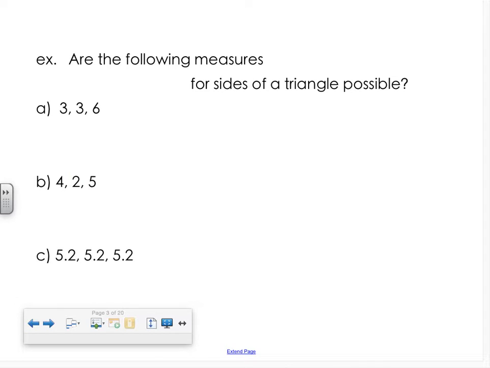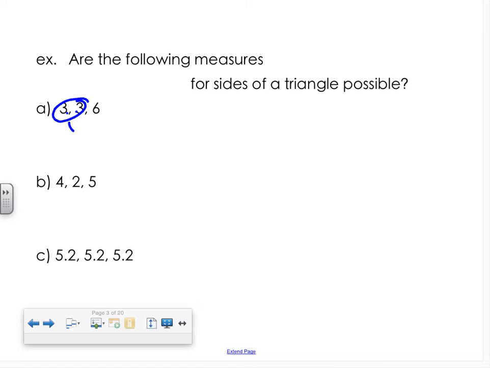So the types of questions that you get are checking if three sides are possible. For example, we have 3, 3, and 6. Well, you have to check every different combination of 2. So 3 and 6, is that greater than 3? You bet. But we have a problem here.